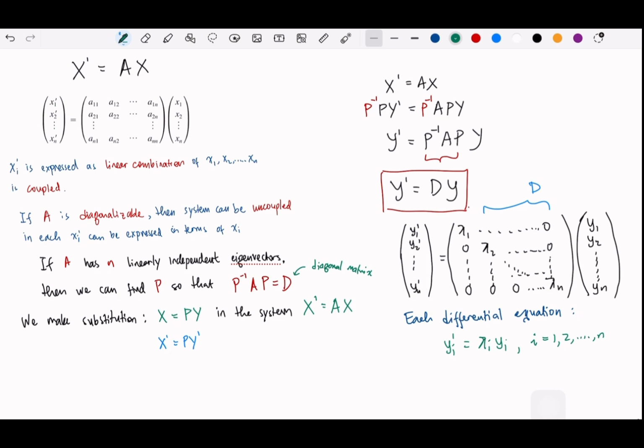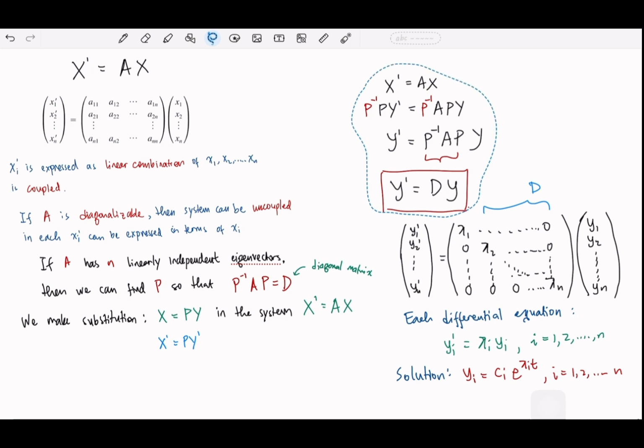So our solutions will be yi, let me write with the red color, yi equals ci e to the power of lambda i t. And of course, i goes from 1, 2 until n. Let me resize this first to make some space.